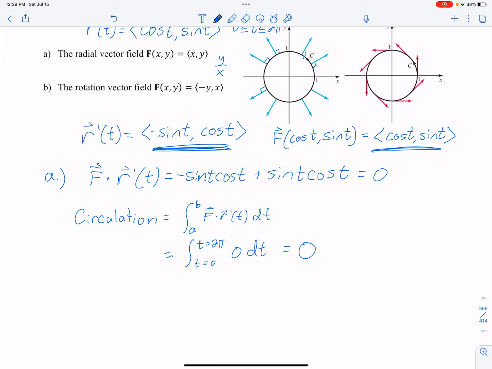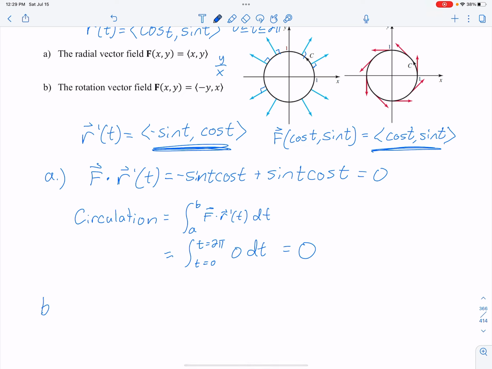It's not hurting C either. The force, the wind, the water, whatever we're talking about in our vector field, is not in our face and not pushing on our back. It's pushing out. I guess you could say it could push off C for sure, but it doesn't go in the direction of our tangent vector or C.